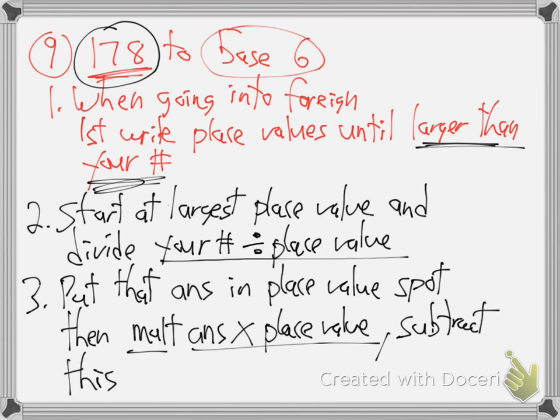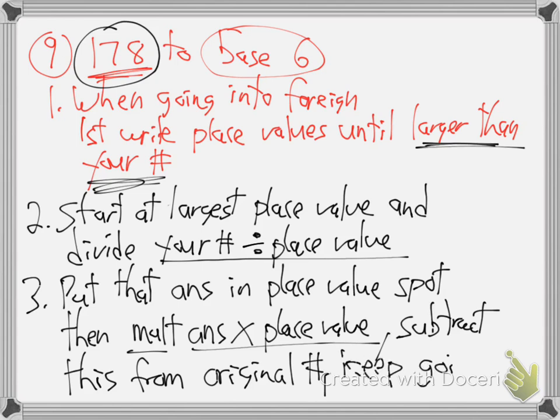Subtract this from the original number. Sounds confusing when it's all written out. It's not that bad. And then keep going. So get all that down, and then I'll show you practically, and it's much better than it sounds. And you do get a 3x5 card for the exam, so you could write all this down.